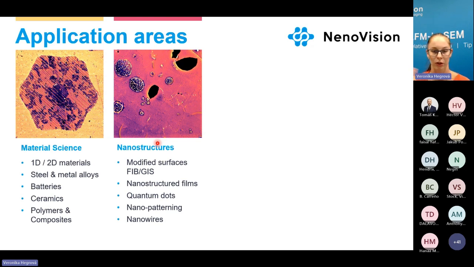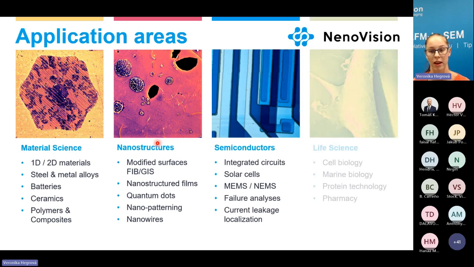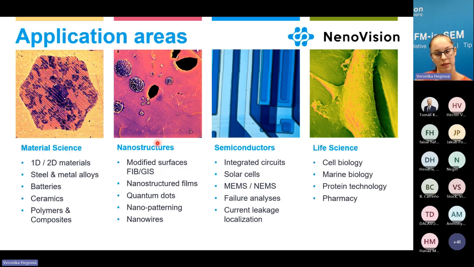So we can go back and forth to FIBbing and doing the probe analysis. Semiconductors, they're definitely failure analysis or current leakages in integrated circuits. And in life sciences, measurement of cells or proteins or pharmaceutic industry, I would put as well there.